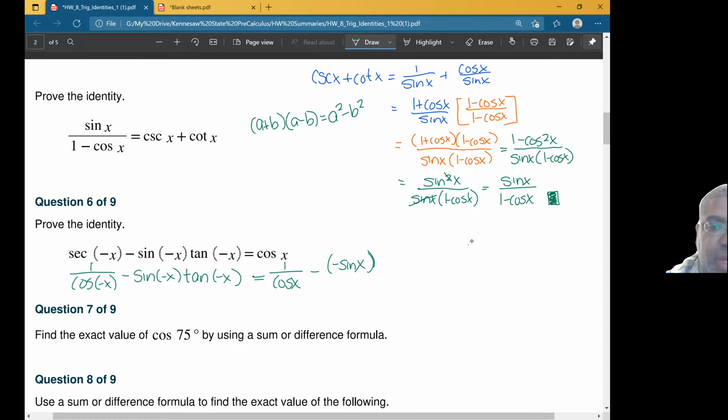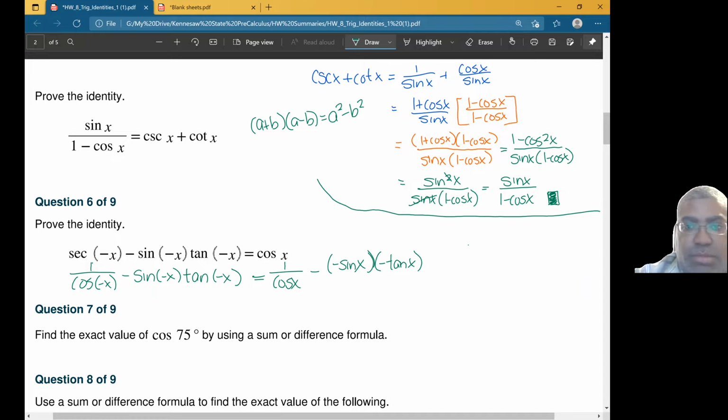And tangent of negative x, tangent acts like sine, so that is negative tangent of x. So negative tangent we know is negative sine of x over cosine of x.